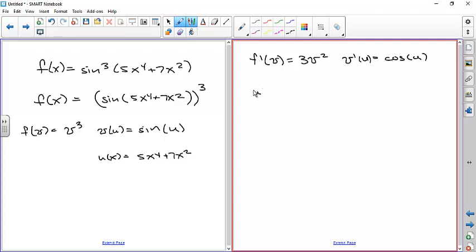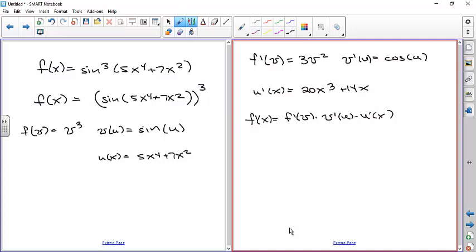And then u prime of x is 20x cubed plus 14x. So the chain rule says that f prime of x is f prime of v times v prime of u times u prime of x.